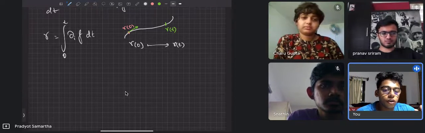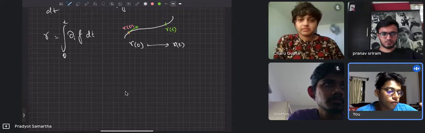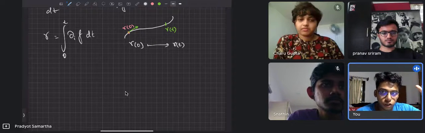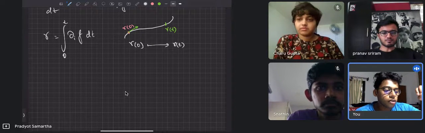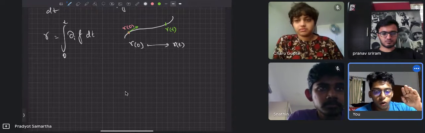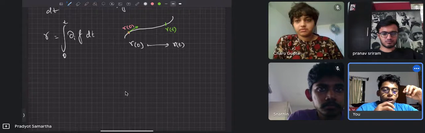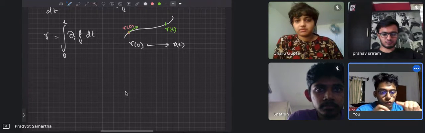So the function that you get out of the directional derivative gives you how your velocity is supposed to vary.